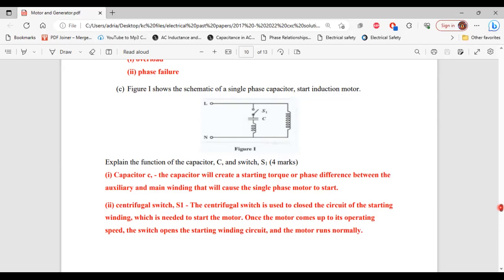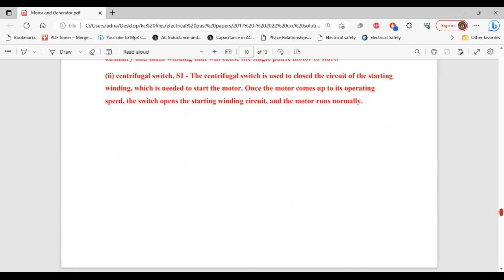The centrifugal switch is used to close the circuit of the starting winding, which is needed to start the motor. Once the motor comes up to its operating speed, the switch opens the starting winding circuit and the motor runs normally. All right, so that's it for part C, and that's it for this question.